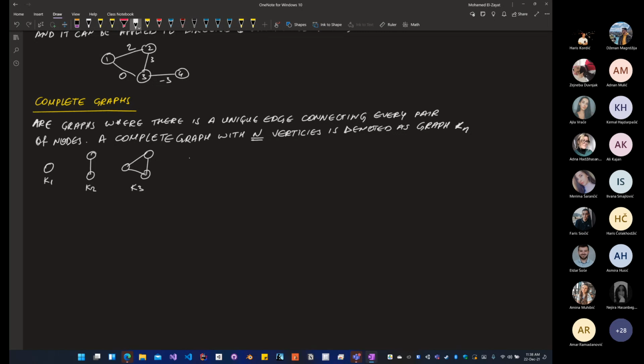And now this is K4. And by definition, there has to be an edge connecting every pair of vertices. Now, of course, K5 will have a little bit messier version, so I will just discard it for now, but you get the idea.